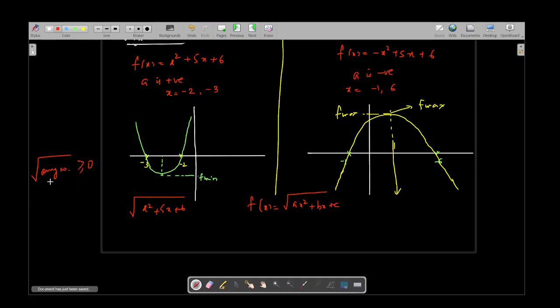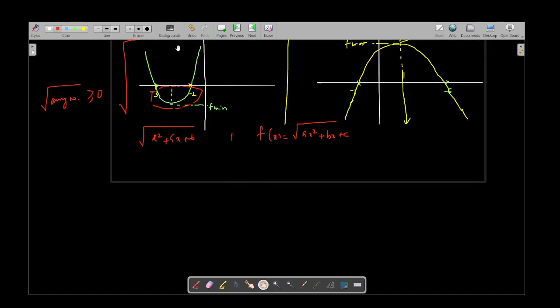It cannot take negative values. So if I put a square root over this whole function, the negative part will vanish. There will be no negative curve.